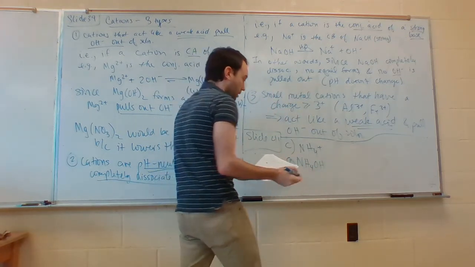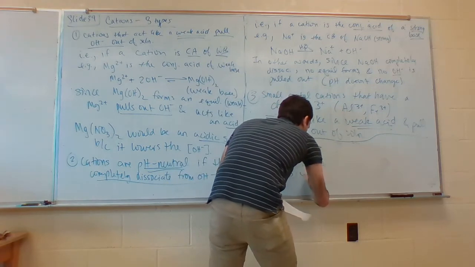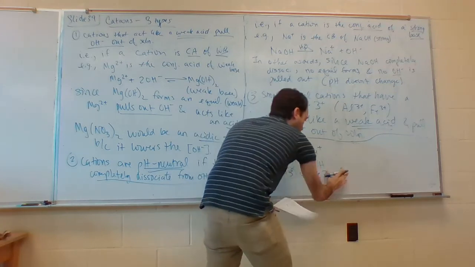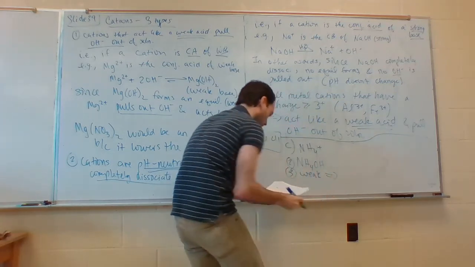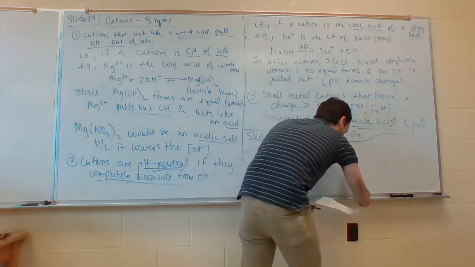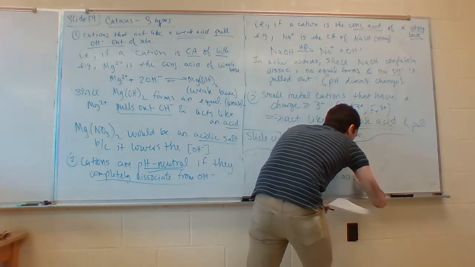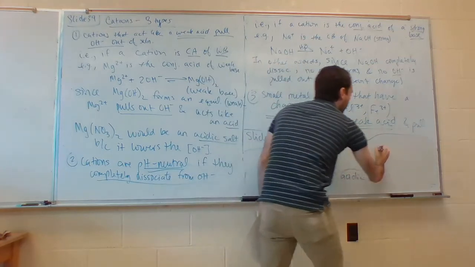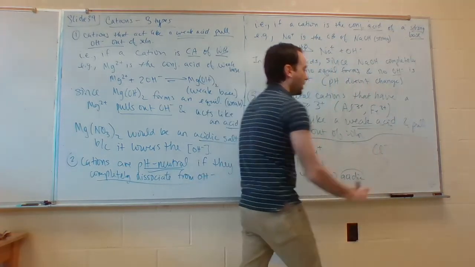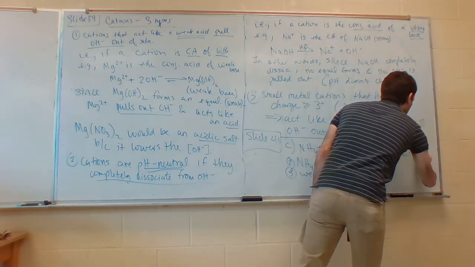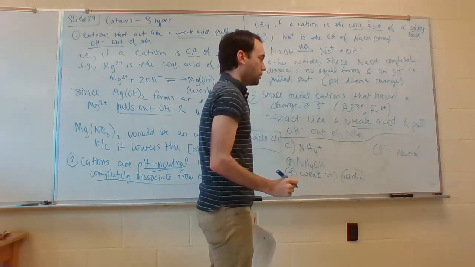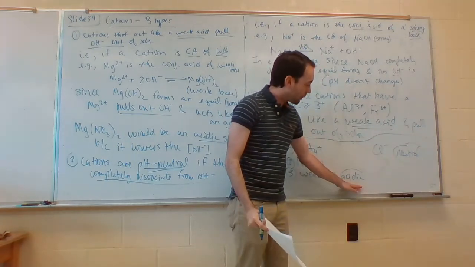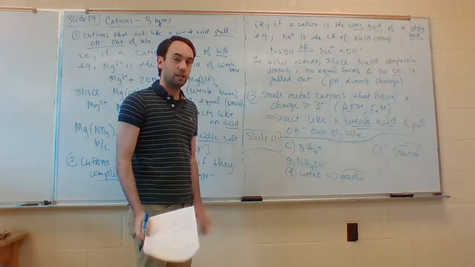Okay, well, my third question is weak or strong? Well, I know that it's weak. So since it is weak, that means that it is going to be acidic. Okay, so I had that the ammonium was acidic, and I had that my chloride was neutral. So at this point, right away, I know that this is going to form an acidic salt.